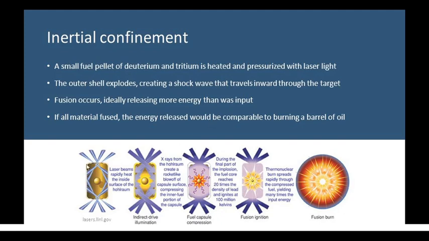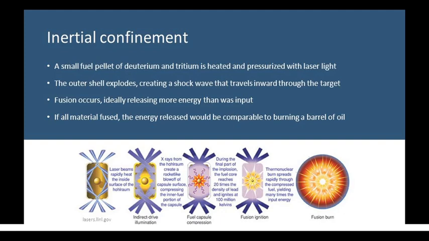Here you can see the laser beams rapidly heat the pellet inside, and it is heated and pressurized so much that the plasma conditions will take place inside that pellet and the fusion will occur. So a small fuel pellet of deuterium and tritium is heated and pressurized with laser light, so that fusion occurs, releasing more energy than was input.